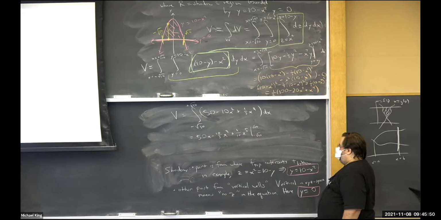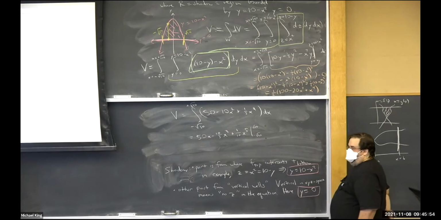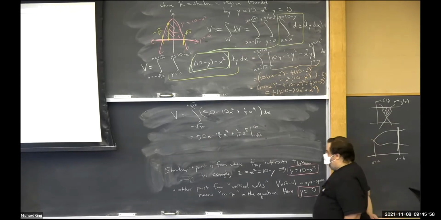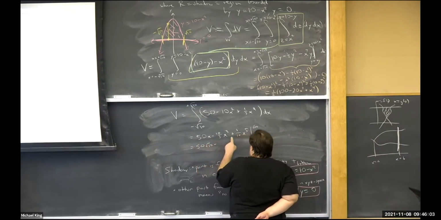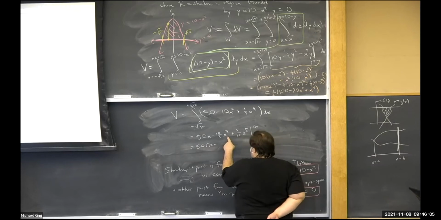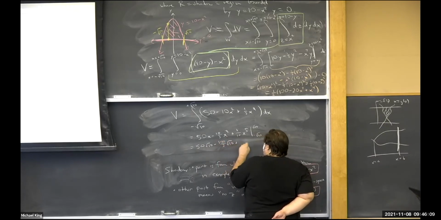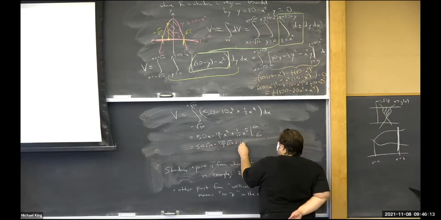This is actually symmetric, so I could do twice 0 to root 10 if I wanted to. But you get the idea, right? It's 50 times root 10. 10 root 10 cubed is 10 root 10, so that's minus 100 thirds root 10. Root 10 to the 5th is 100 root 10, so that's plus 10 root 10.